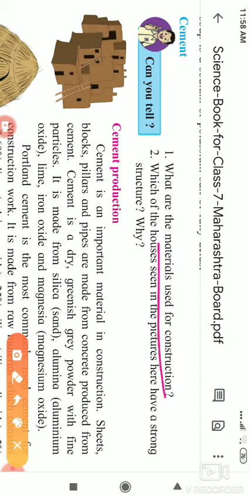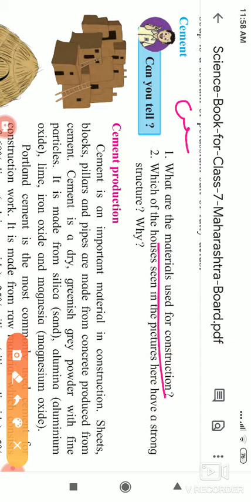Instead, for construction we are now using small crushed pebbles. And with cement we are using stones, steel rods, and so many other things for the construction.